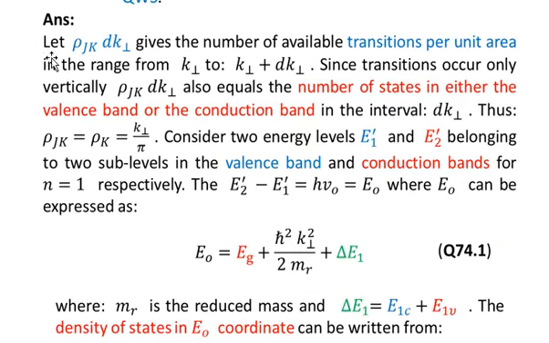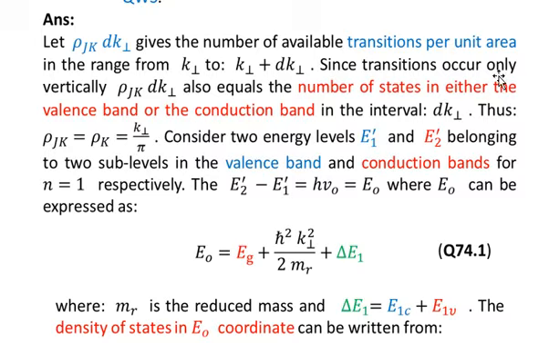The answer is, let rho jk dk perpendicular give the number of available transitions per unit area in the range from k perpendicular to k perpendicular plus dk perpendicular. So here we are defining the available number of transitions per unit area by rho jk multiplied by dk perpendicular.